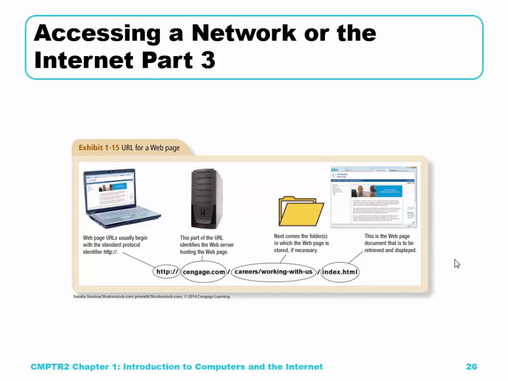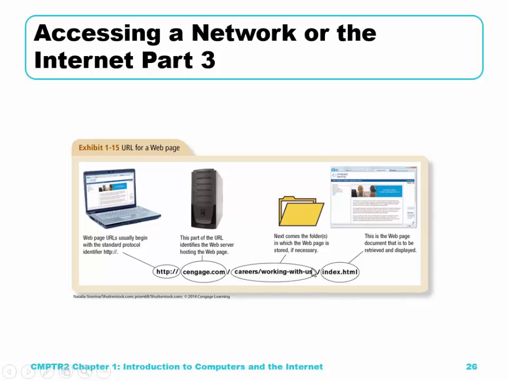Here it shows you an example of a URL for a web page. You've got your HTTP, and then your index.html is on the very end over here, which is the file name, and then it's got your path of how to get to that file name.